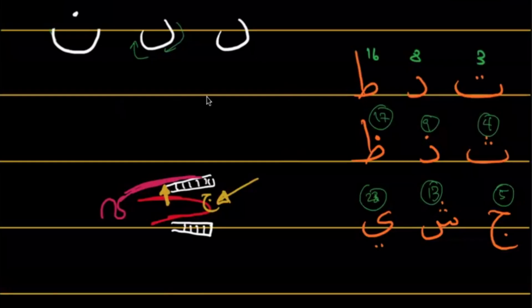Okay. Jeem, sheen, and yeah. Also, all these three come from the middle of your tongue. Yeah. Sheen, jeem. And I'm going to remind you, practice that jeem from the middle of your tongue, not from the front. أعوذ بالله من الشيطان الرجيم.